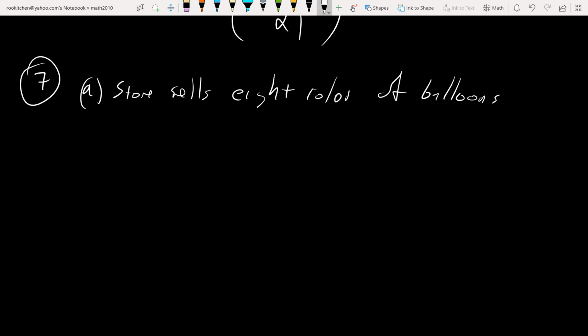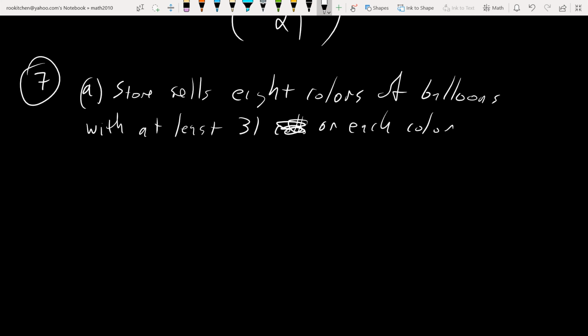Colors of balloons with at least 31 balloons of each color possible. How many different combos of 31 balloons can be chosen?